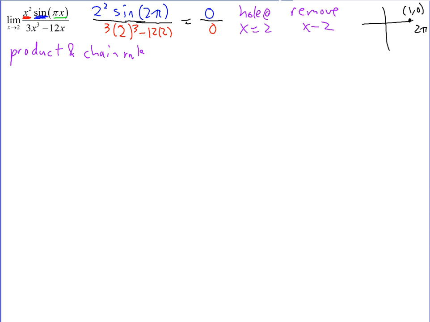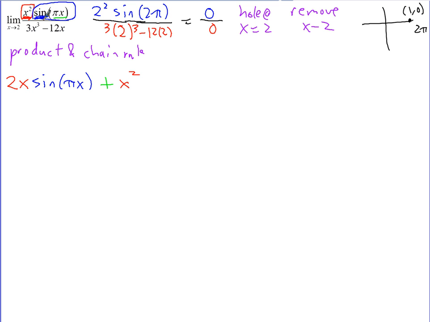So the first one I'm treating as x squared times the second one, sine of pi x. So using the pattern for the product rule, the derivative of x squared is 2x times the second one, sine of pi x as it is, plus x squared as it is, times the derivative of sine.